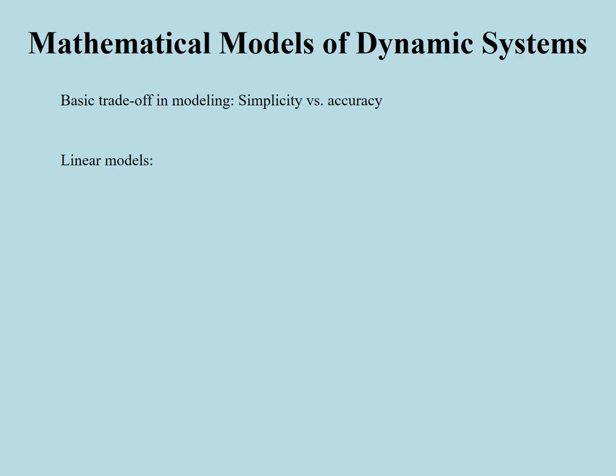Let us recall the definition of a linear system. Assume that y1 is the output of the system corresponding to the input u1, and y2 is the output corresponding to u2. For the system to be linear, you need two conditions to hold. Firstly, the output corresponding to the sum of u1 and u2 should be the sum of the corresponding outputs, that is, y1 plus y2.